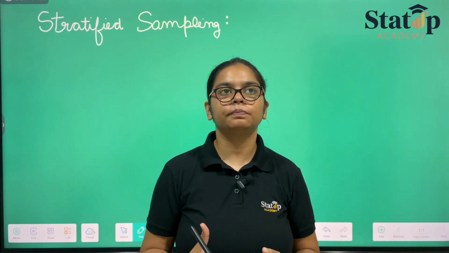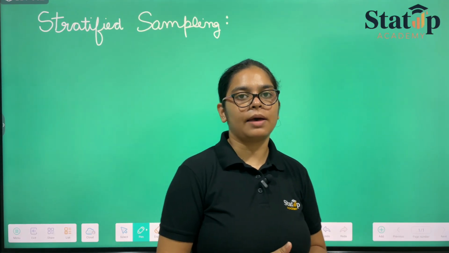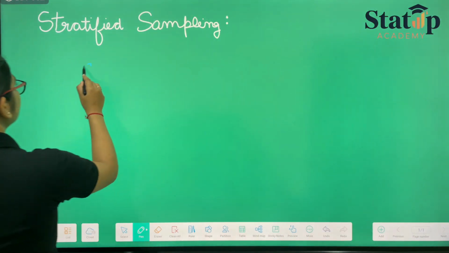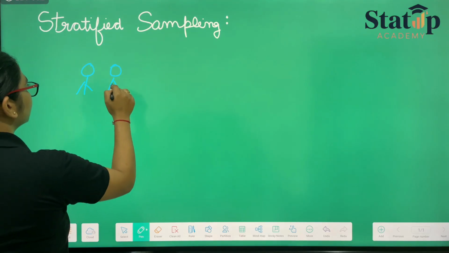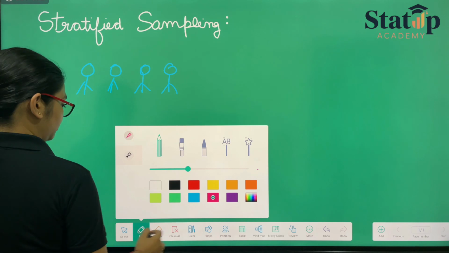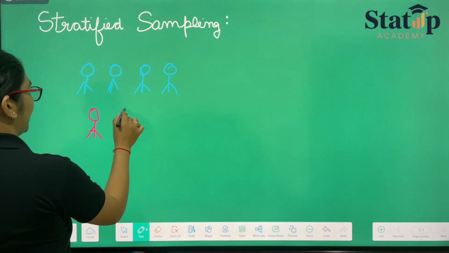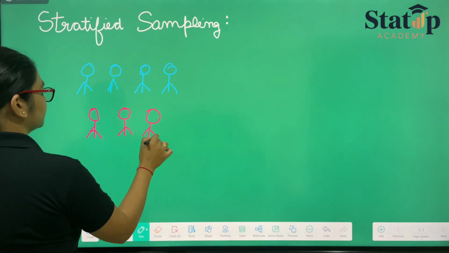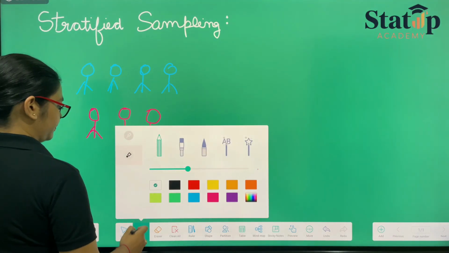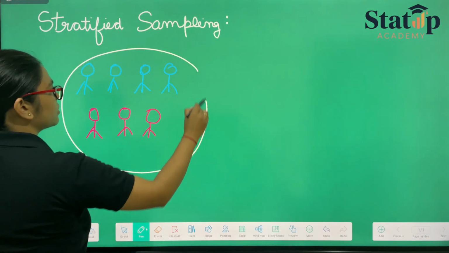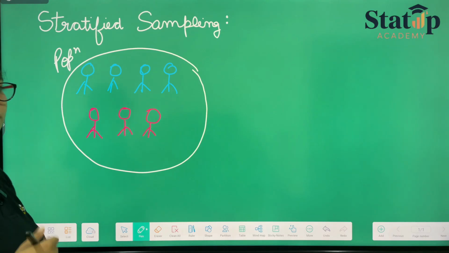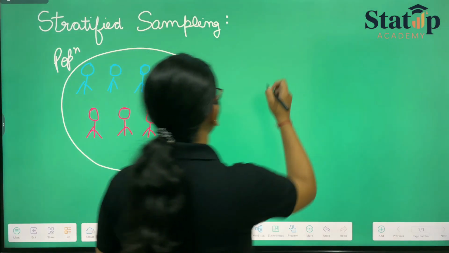If we take an example of men and women, let us suppose there is a population depicting men and women, and this is the whole population, and we have to sample it with simple random sampling.